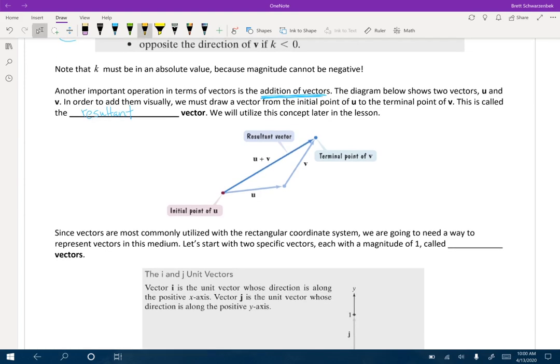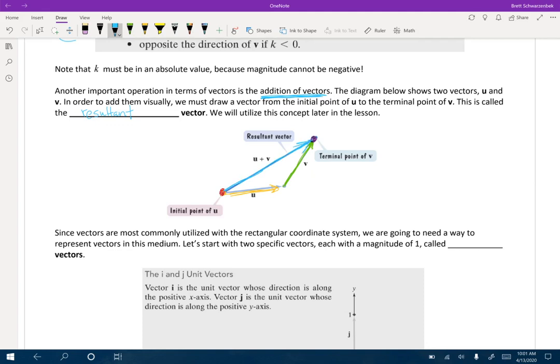Basically, if we start with some vector u, we go from one point to another, but then we start where we left off from u, and we start on another vector, let's say v, and we go to a resultant point. If you take the initial point of the first vector and the terminal point of the last vector, you create your own vector, which is called the resultant vector.